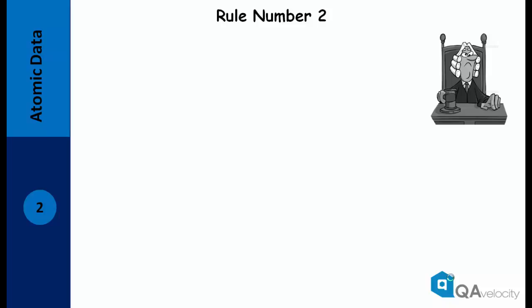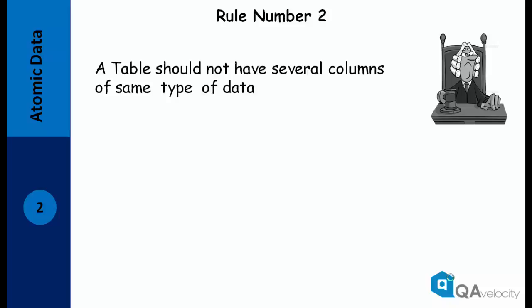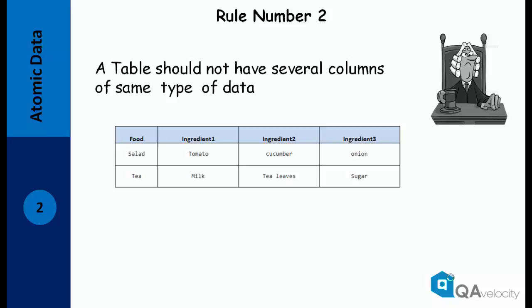Now let's talk about the second rule of atomicity. The second rule says a table should not have several columns of the same type of data. If we again have a look at our food details table, we have multiple columns of ingredients and all these columns have the same type of data: tomato, cucumber, onion. So currently our table satisfies rule 1 but violates rule 2.